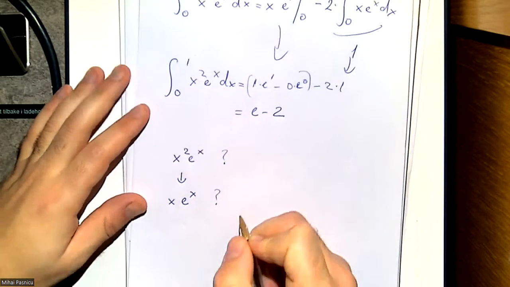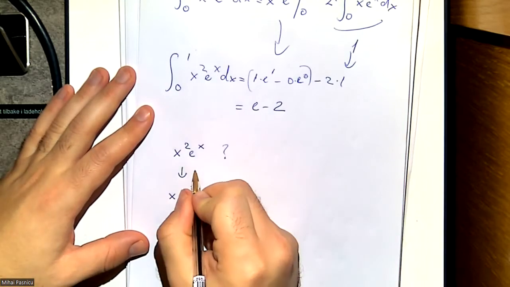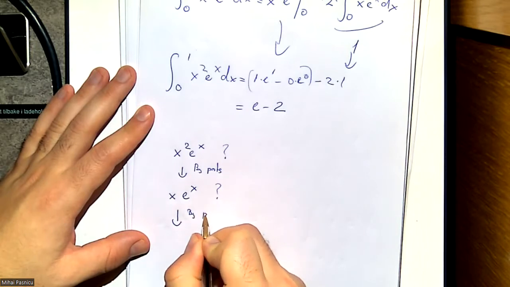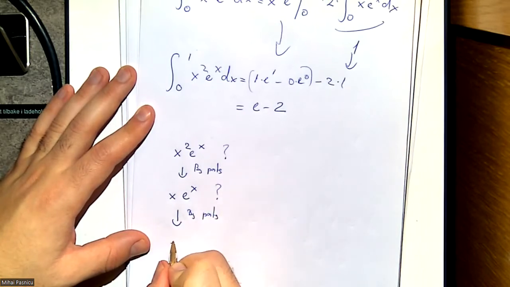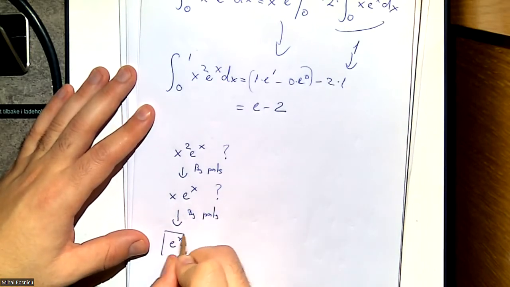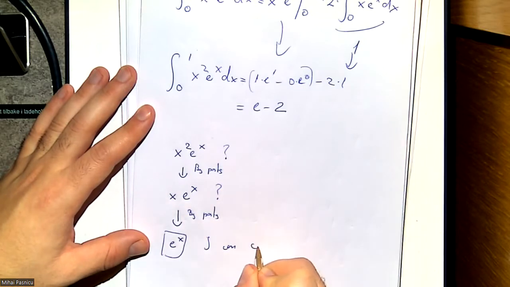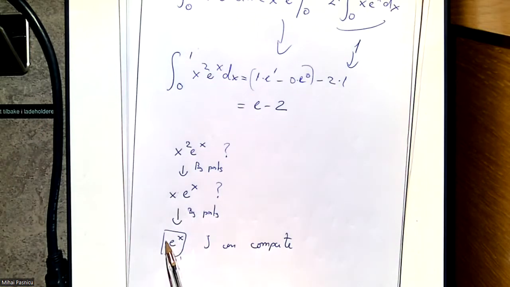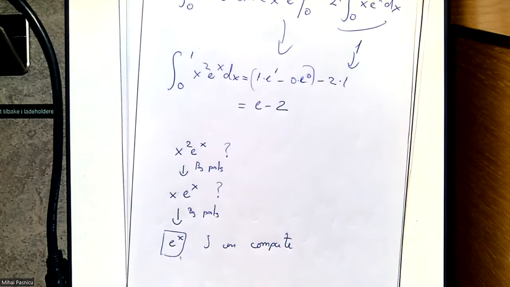If I apply by parts again, I'm going to get e to the x, and this I can compute. So if I can compute this, I can then go the other way around, compute this, and then compute this. This is our train of thought.